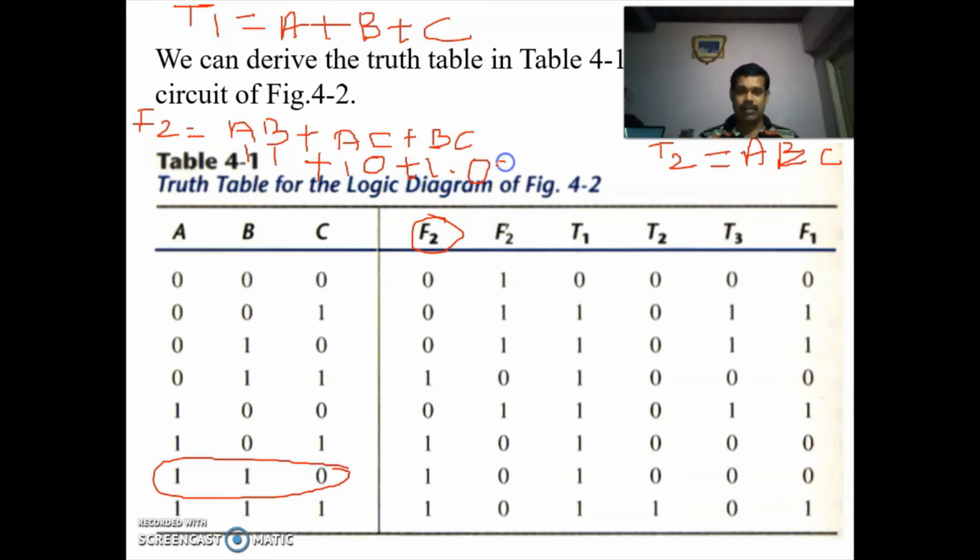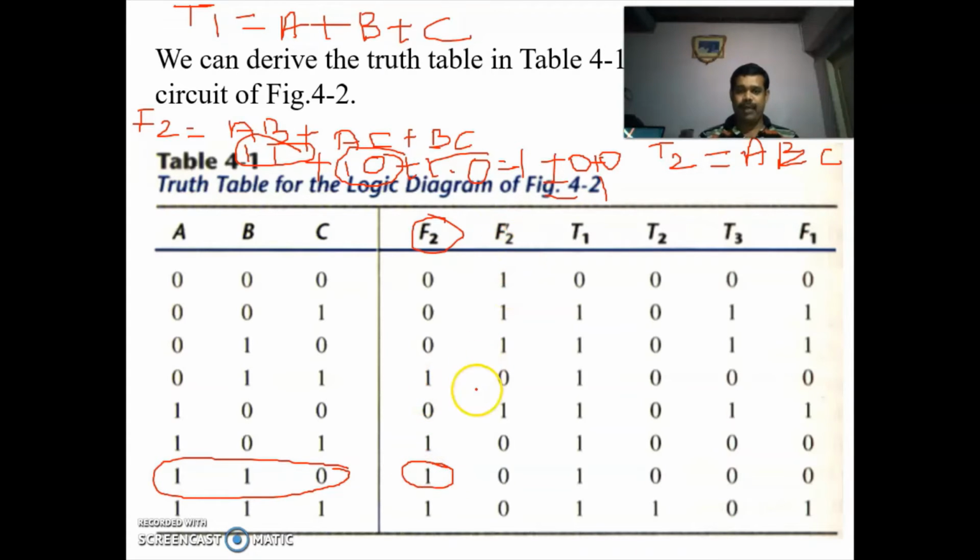So 1 into 1 is 1, plus 1 into 0 is 0, plus 1 into 0 is 0. 1 plus 0 plus 0 is 1. So for F2 we are getting 1.